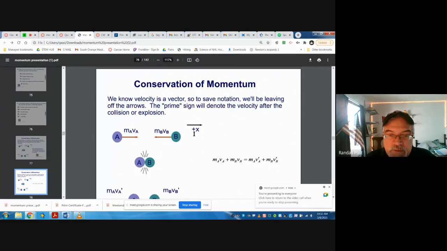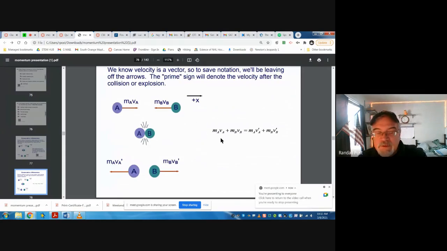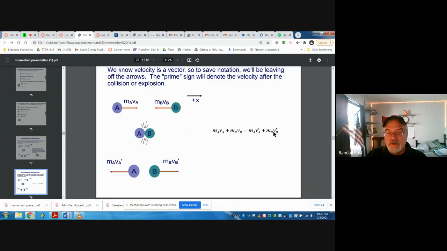What would we do to calculate momentum here? Well, we take the momentum of A plus the momentum of B, get that total. That's before the collision. After the collision, we take the momentum of A and the momentum of B and look at that total and set them equal to each other.